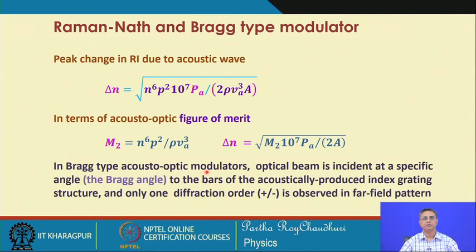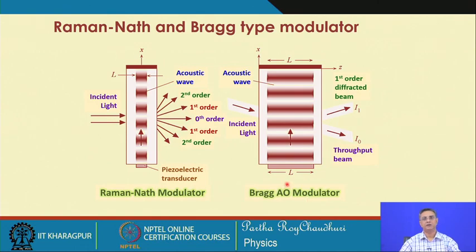In a Bragg type of acousto-optic modulator, the beam is incident at a specific angle, which satisfies the Bragg condition, and with the acousto-optically produced index grating, only one diffraction order is observed. But in the case of Raman-Nath, it could be a normal incidence, and we will get a number of diffraction orders.